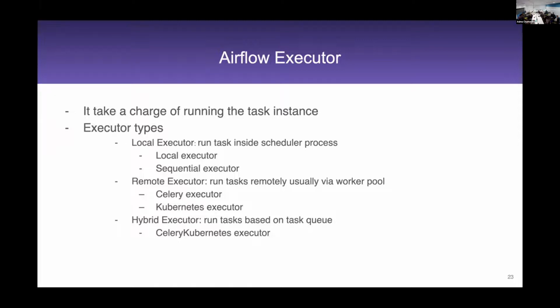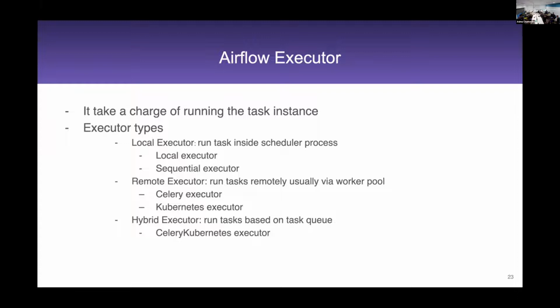The remote executor has the concept of a worker pool, so it runs your tasks on worker nodes. There are two major types of remote executor available for Airflow: Celery and Kubernetes. We will talk a bit about them later in this talk.